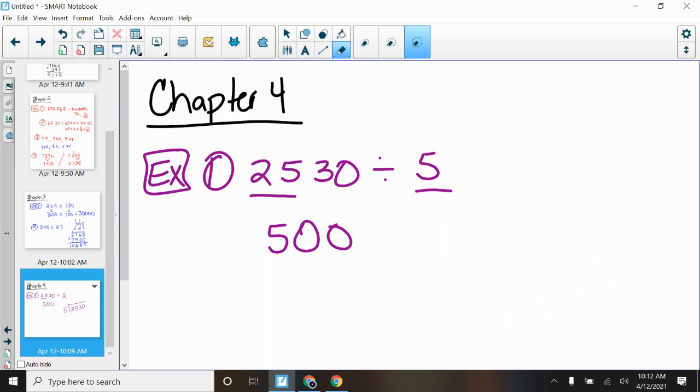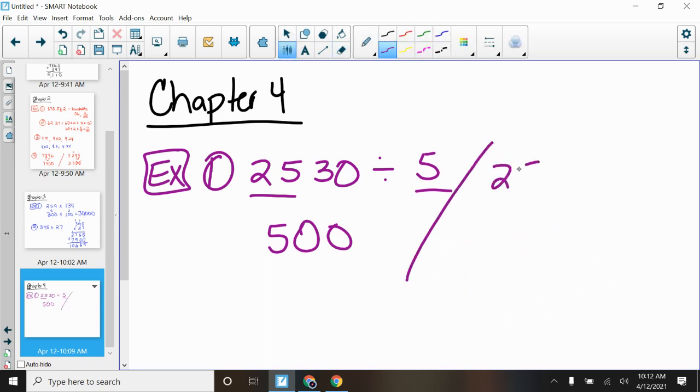Now, let's look at another example. Let's say that it was 2,530 divided by 50. So we're still just going to look at the 5 first, okay? And we see that 5 is compatible with 25. So again, how many 5s will go into 25? 5.